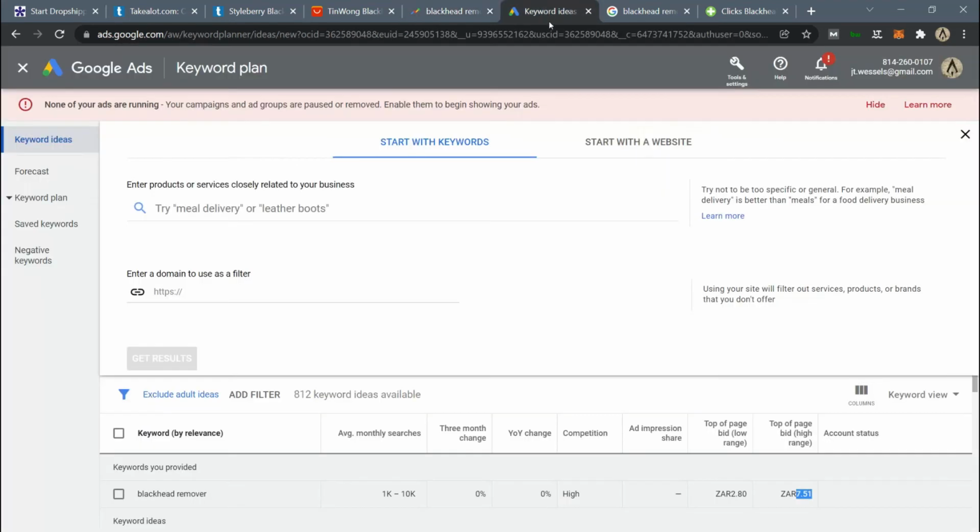If you use Google Keyword Planner and the monthly searches are between 100 and 1,000 and the competition is very high, it's also not something I would look at. The ideal is something that is 10,000 to 100,000 searches with medium to low competition, then you are on the money. Then you know that the product you've got is perfect.